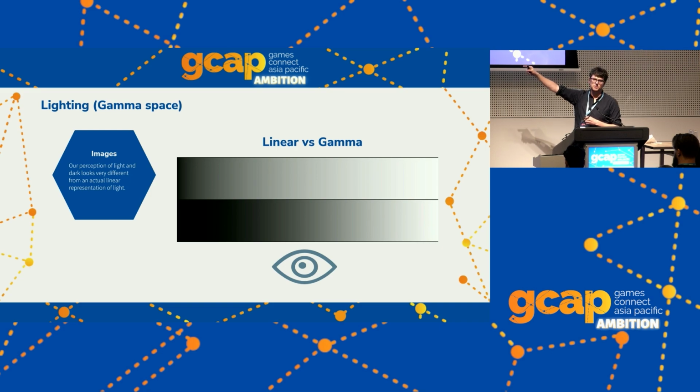If I go into my computer and say, I want to go from 0 to 1 completely evenly across the strip, it turns into the top strip, which does not look like a linear 0 to 1 gradient. And that is because my eyes are perceiving all the light in it way more strongly than the dark. And that's what a gamma correction is. We correct encoded gradients to look like what we expect them to look like, not what a gradient actually is.